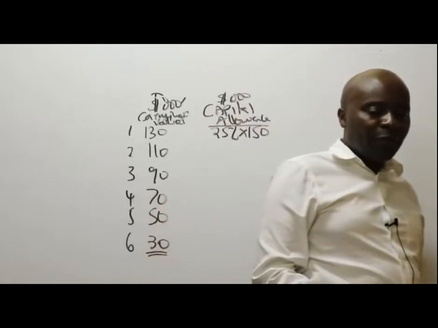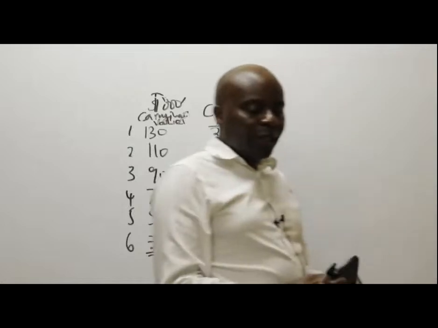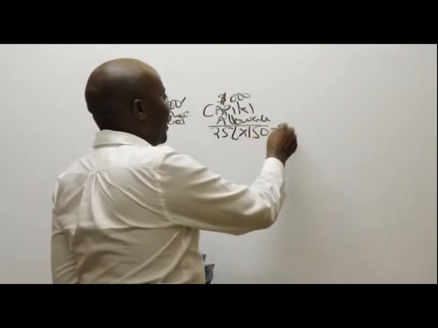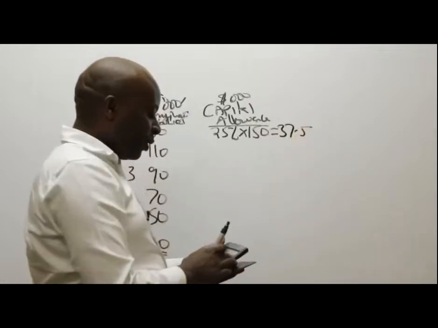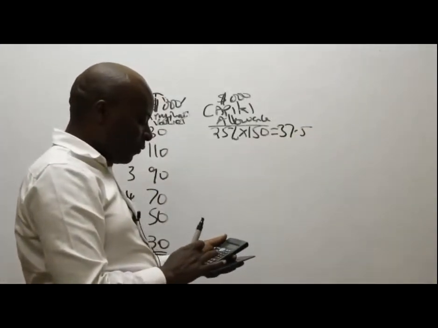Is there somebody who can give me the capital allowance for year number 2? The first one, they are telling me, is 37.5. Year number 2, if it's reducing balance basis, times 37.5.